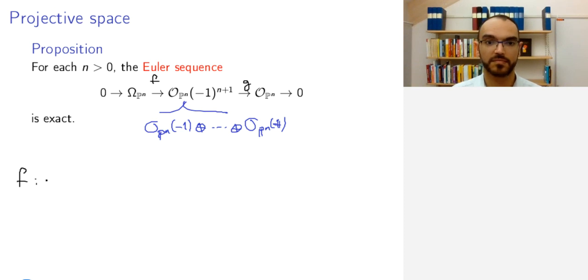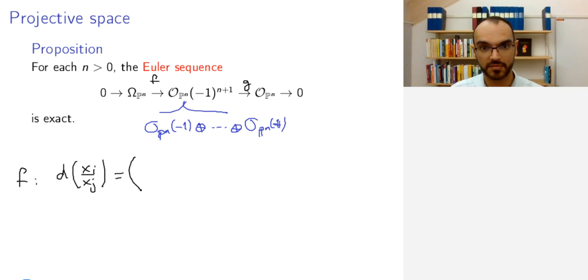Well, f maps something here, so something here can be built from dx_i divided by x_j, and we want to map it to the following thing. In position i, we put 1 over x_j.